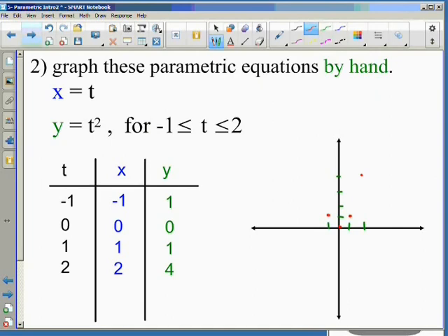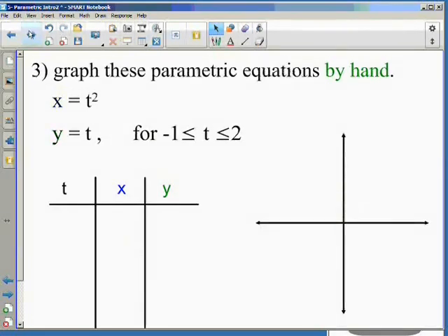Okay, and recognizing this as a quadratic, I'm going to curve a bit. And again, there's an arrow showing the direction, as well as endpoints here, because we're not allowed values less than -1, so that puts a boundary on it, and up to +2 for t. All right.